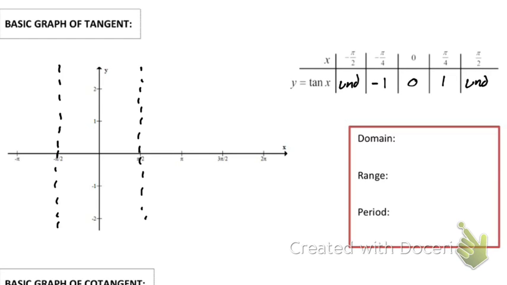So negative pi over 4 is negative 1. Negative pi over 4 is halfway between these. So this is my negative pi over 4. This is my pi over 4. At negative pi over 4, we were at negative 1. At 0, we were at 0. And at pi over 4, we were at 1. Now, here's what this graph looks like.